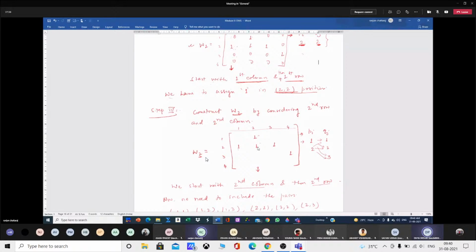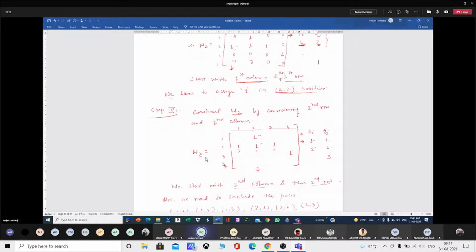And in the second row, we have the positions 1, 2, and 3. So here we assign Pi, considering the positions where we have a 1: the first position and the second position, so 1 and 2. And in the second row, we have the positions 1, 2, and 3.